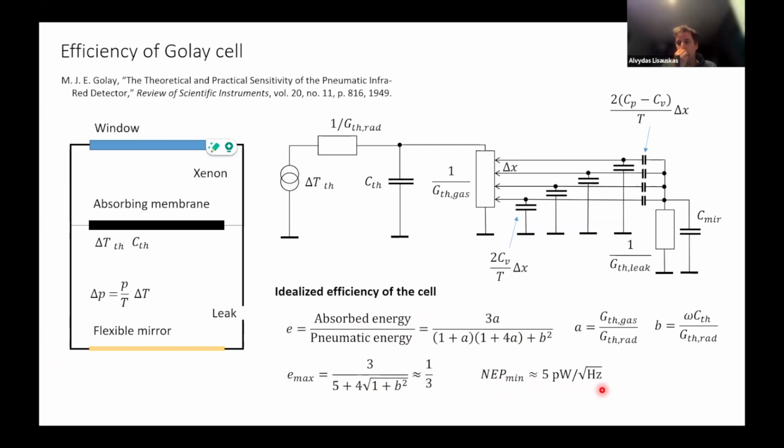That's also a very decent value, because just to remind you, commercial helium-cooled bolometers have something like 3 picowatts per square root hertz optical performance. So we start here with 5 picowatts as the maximally available optimum, and land with something like 100 to 150 picowatts for real devices, which is still a very reasonable performance for detection in the terahertz frequency range.